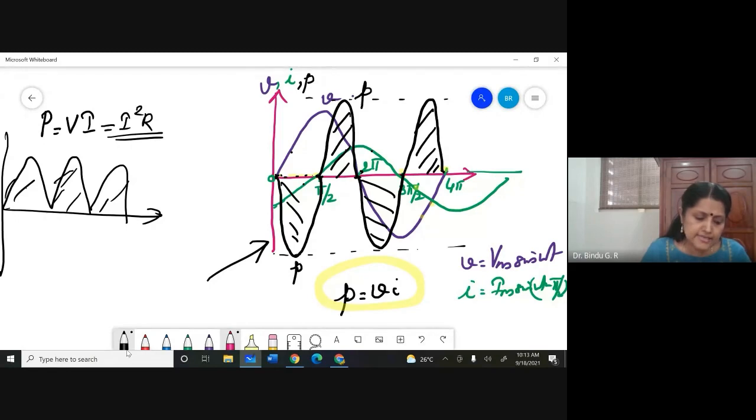When current rises in an inductor, energy is required to build a magnetic field around it.